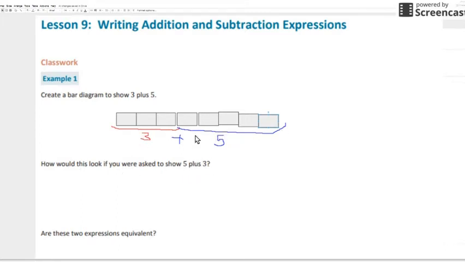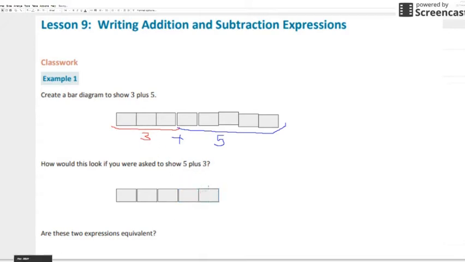So we're going to use a model again, and now we're going to show 5 plus 3. So now we need to start off with 5 boxes. So 1, 2, 3, 4, and 5.